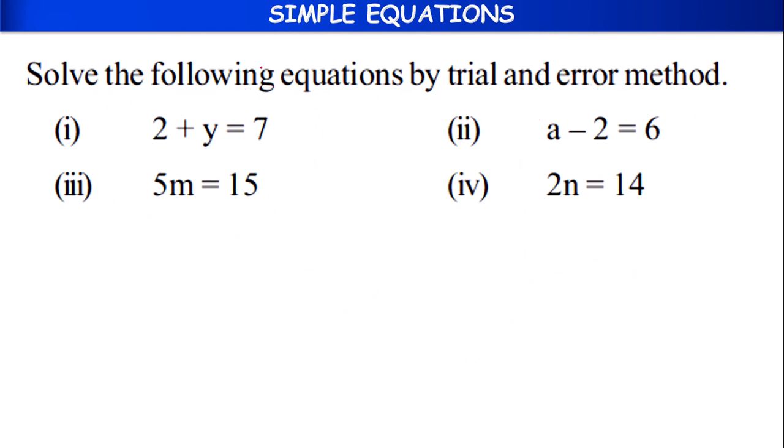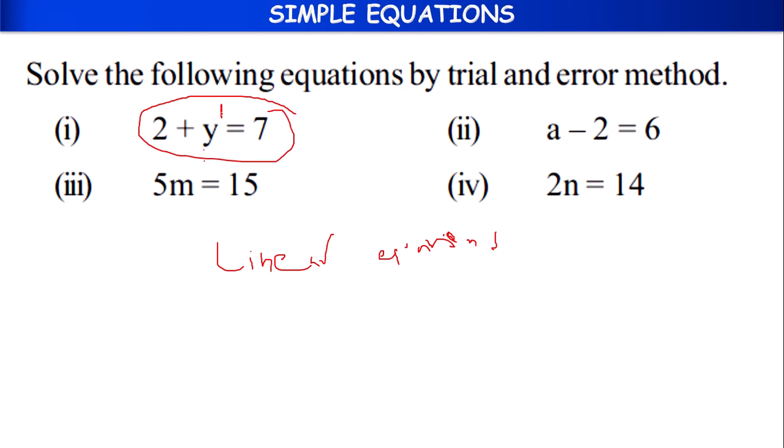So, all these methods we will apply for linear equations, children. What is a linear equation? The equation having only one variable and whose highest power is 1. Because here 2 plus y equal to 7. What is the power of the variable? y appearing only one time. So, the power of the variable is 1.